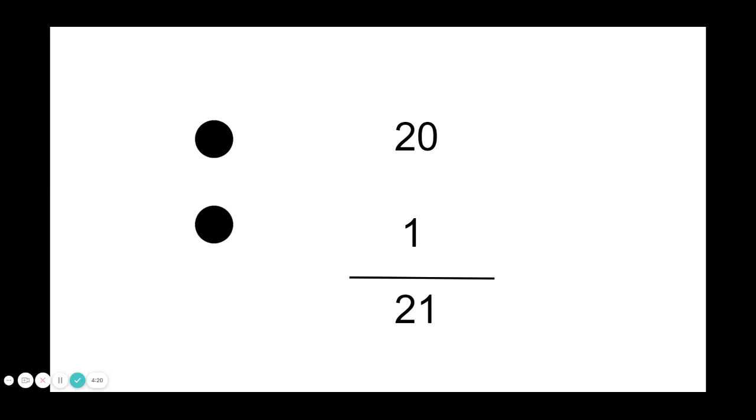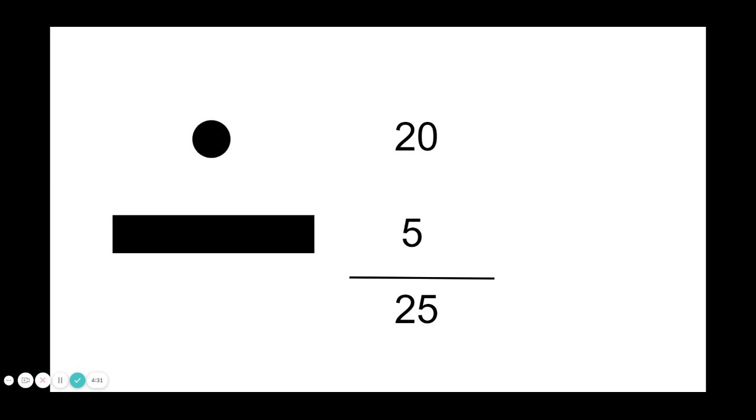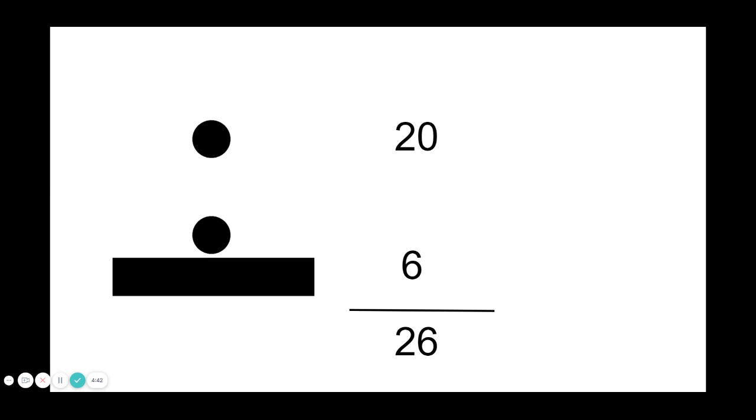For 21, we have a dot in the 20s to represent we have 1 20 and 1 1, so 21. For the number 25, we're going to have a dot in the 20 and a bar in the ones because there's 5 ones, so we get 25. For 26, we're just going to add a dot into the 1 slot.